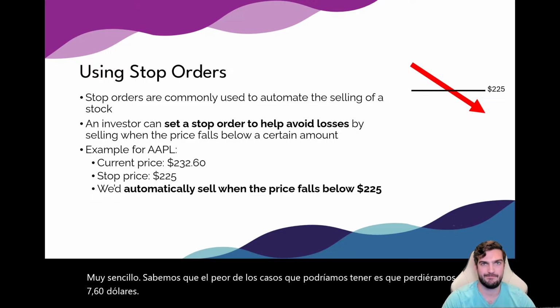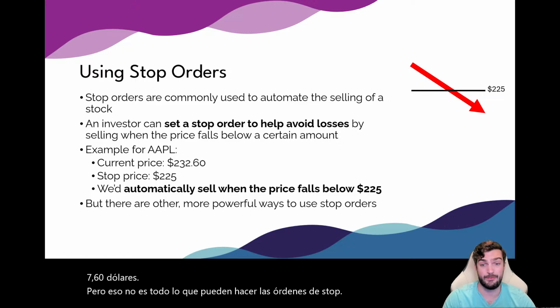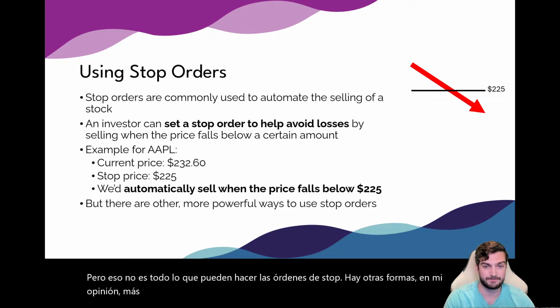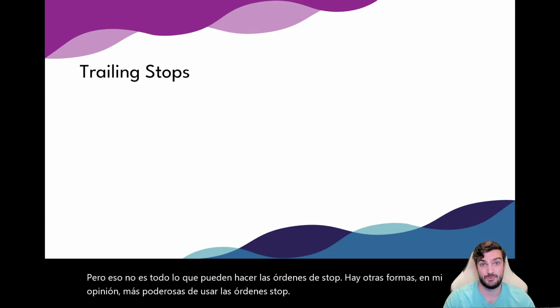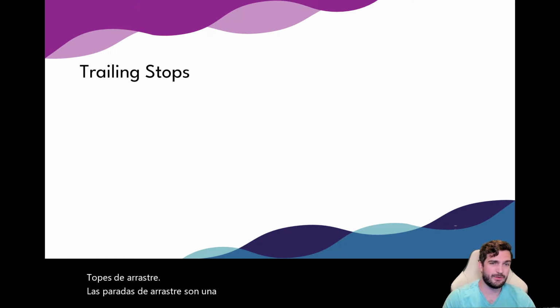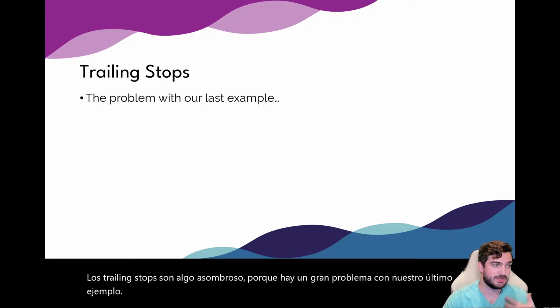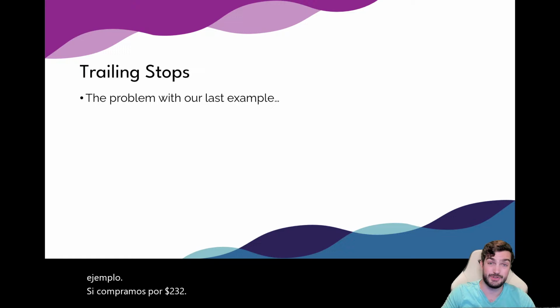But that's not all that stop orders can do. There are other, in my opinion, more powerful ways of using stop orders. For example, trailing stops. Trailing stops are an amazing thing because there's one big problem with our last example. If we bought for $232.60 and we sold for $225, it means that we are always selling at a loss.